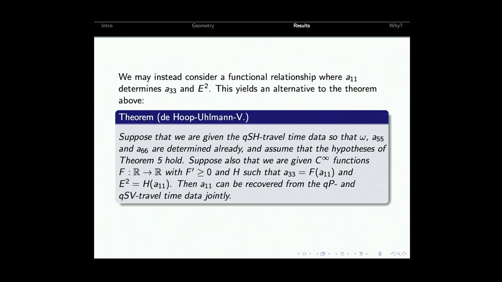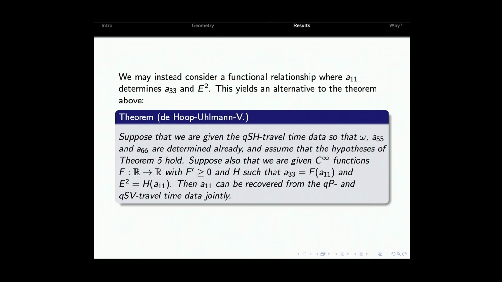So what seems more reasonable is to say that A33 and E squared are functions of A11. A33 we might as well assume is an increasing function of A11. In the isotropic case, remember that A33 was actually A11, and E squared was 0.